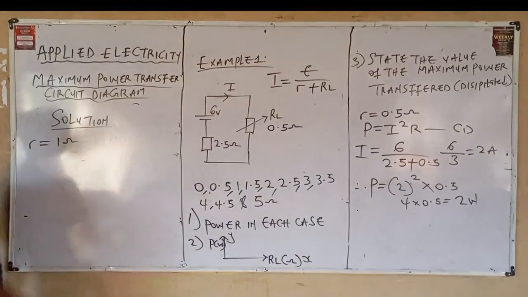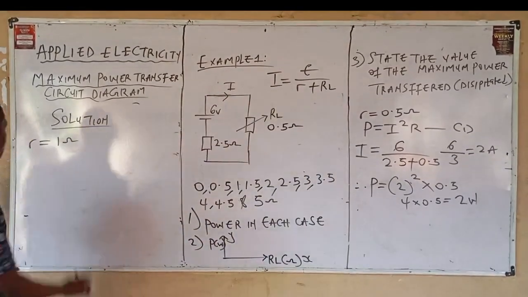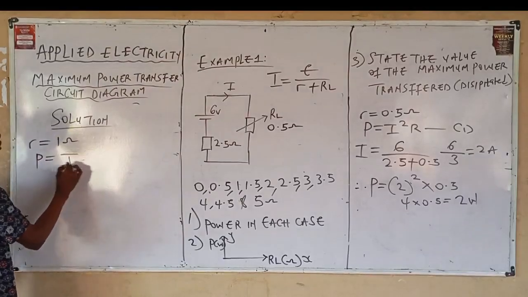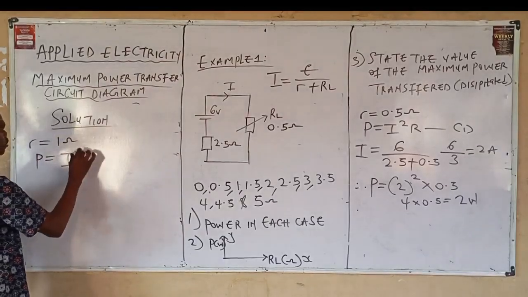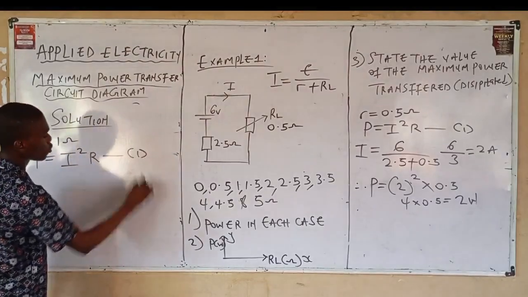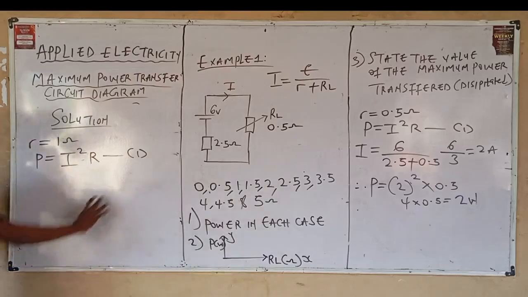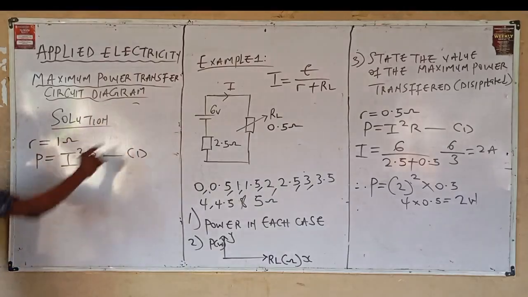1 ohm. Same idea. Your P, which is your power, is equal to I squared R. Call this equation 1. Let's solve for our I, meaning current, using the formula above.